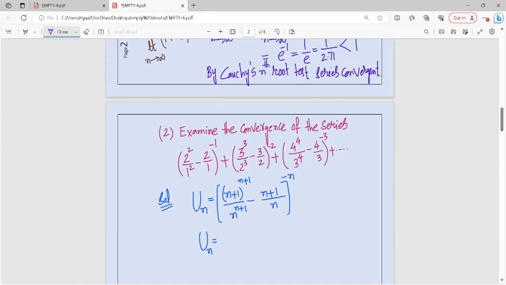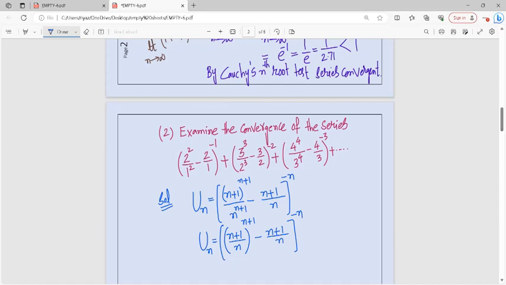So we'll write together: n plus 1 upon n whole to the power of n plus 1, minus (n plus 1 divided by n) whole to the power of minus n.